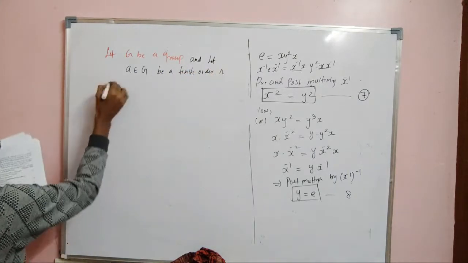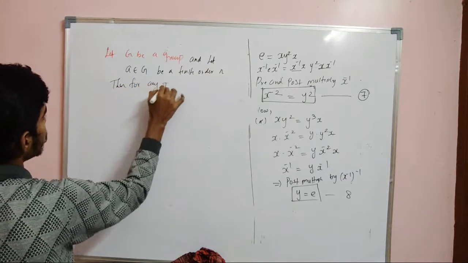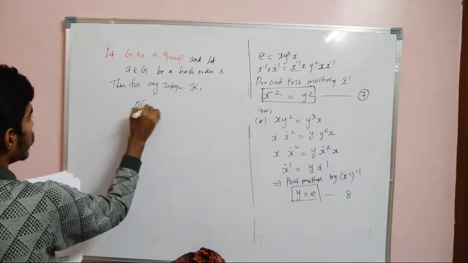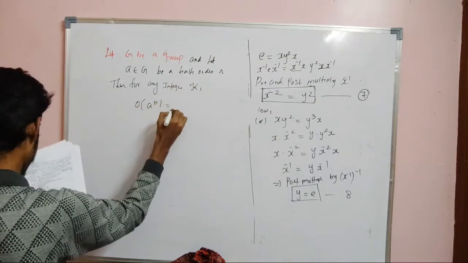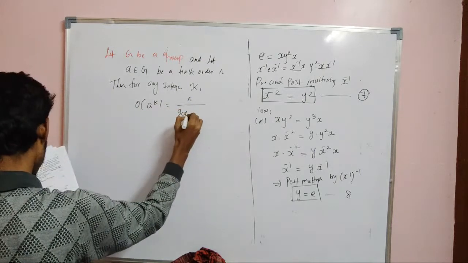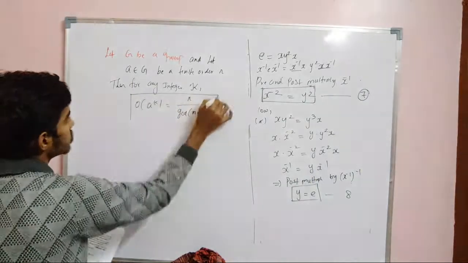Then for any integer k, the order of a power k is equal to n by GCD of n comma k. This is what this theorem says.